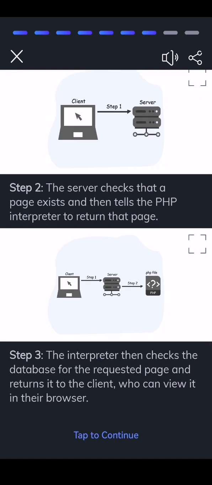Step 3. The interpreter then checks the database for the requested page and returns it to the client, who can view it in their browser.